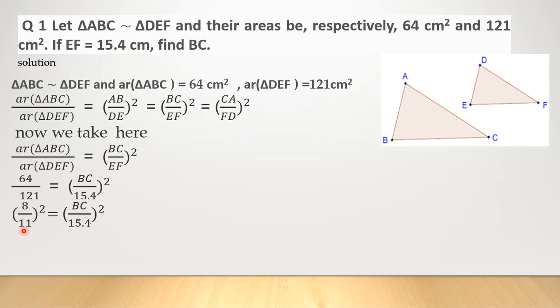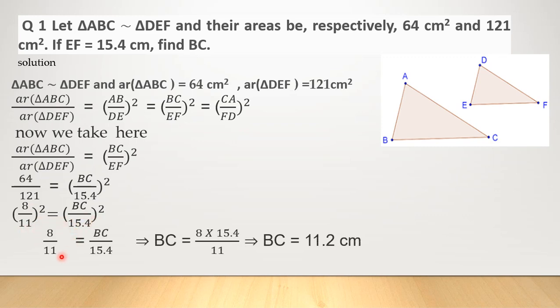Now on both sides there is the same exponent, so we can write 8 upon 11 is equal to BC upon 15.4. Now we can cross multiply the terms. So we get BC is 8 into 15.4 upon 11, and by solving this we get BC is equal to 11.2 centimeter. Now we can say that the side BC of the triangle ABC is 11.2 centimeter.